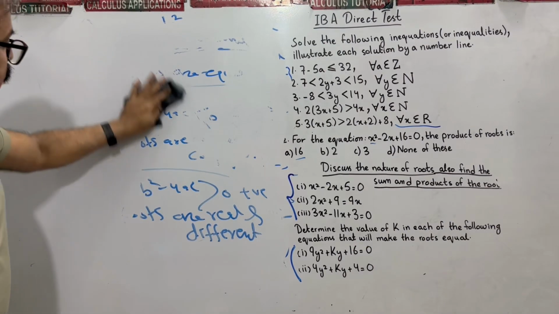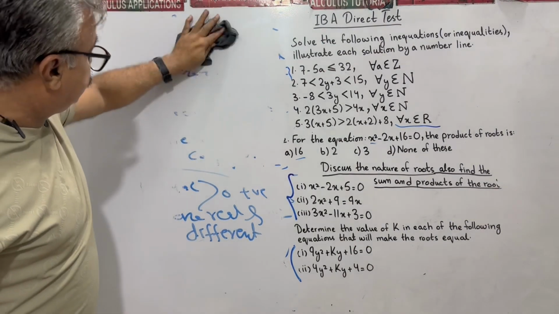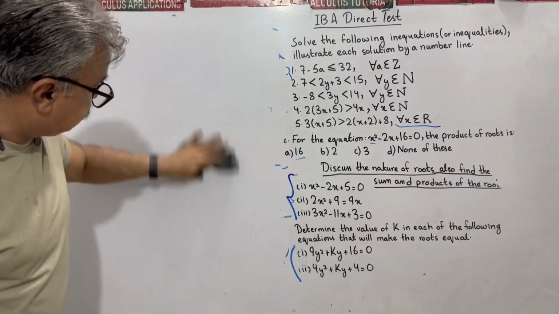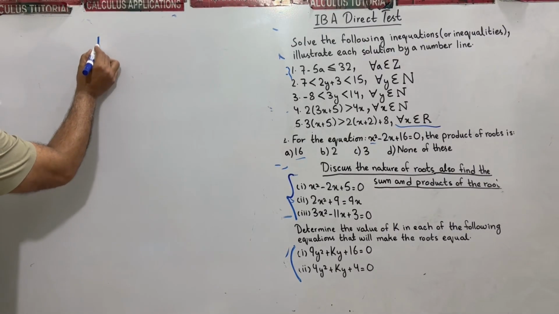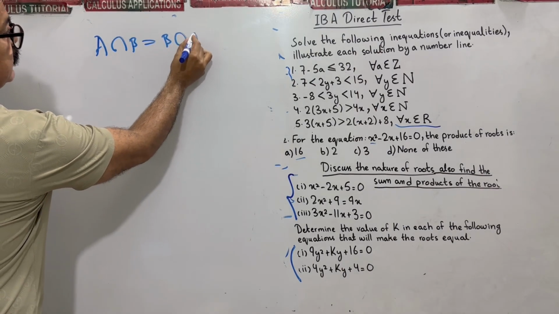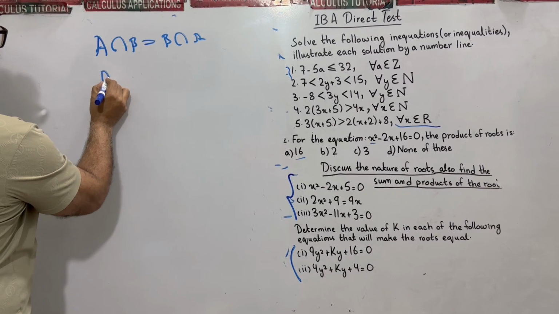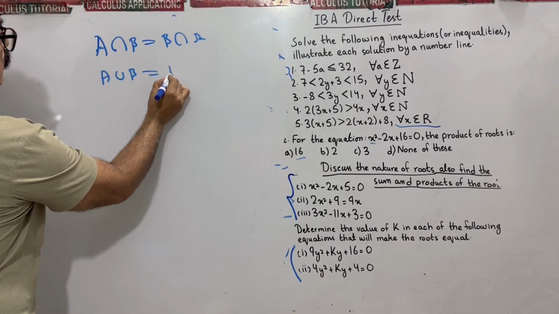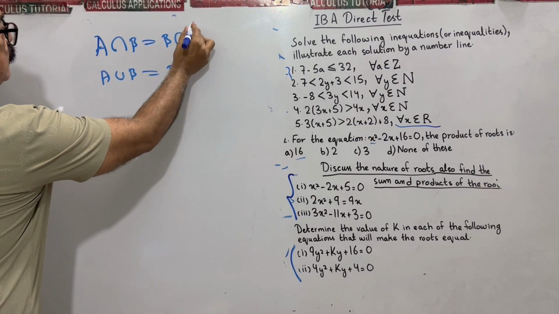Let me give you a good overview of the set theory as well. Sets. A intersection B is equal to B intersection A, always true. A union B is always equal to B union A. There is no need to calculate.